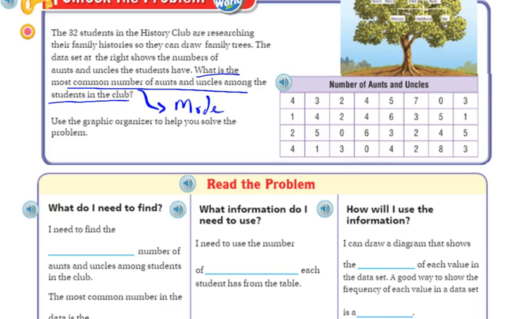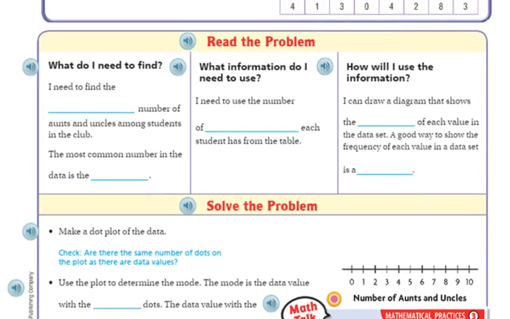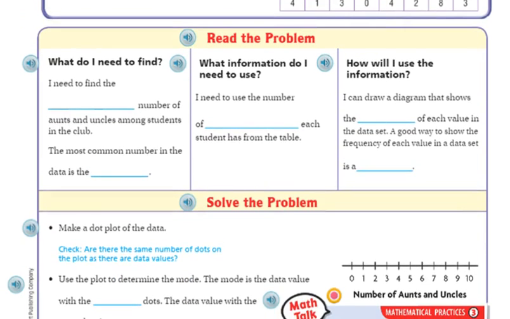Let's get this organized down below. What do I need to find, following our 3 steps for our problem solving process? I need to find the most common number of aunts and uncles among students in the club. So let's write that in there, most common.